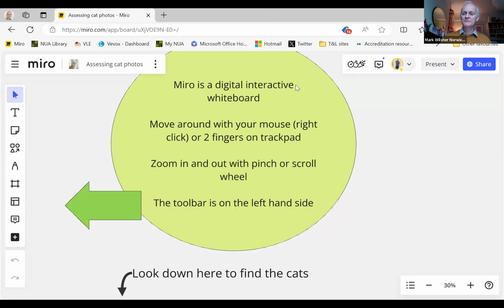So if you just want to put up your digital hand, that would be a great way to do that. And I can make a note of a few names.